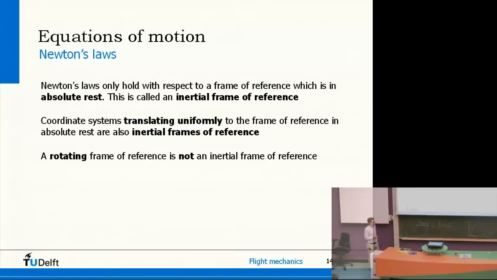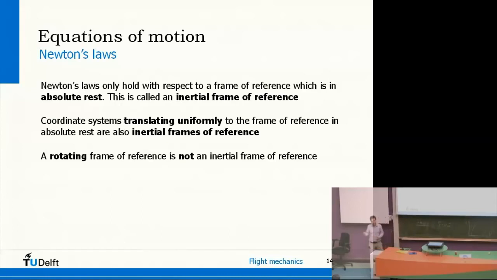And just to give you an example, let's say you were in a train and all the curtains are closed and the train is going at a constant speed, then, except for some vibrations maybe, you don't notice at all that you're moving. So you can jump in the train and you'll land in the same spot. So that's in fact an inertial frame of reference, and the equations of motion there hold.